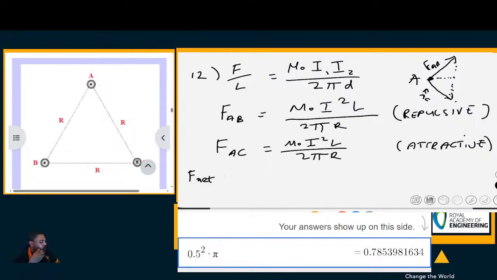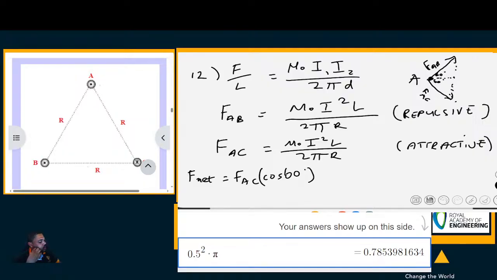So F net will be equal to the horizontal component of AC, and the cosine. Remember, this angle there is 60. Basic congruence, your basic geometry. Those angles will be 60. So it will be the cosine of 60 degrees.